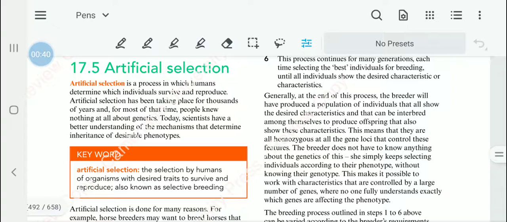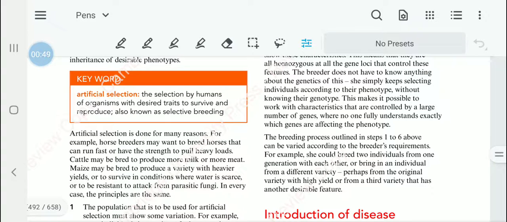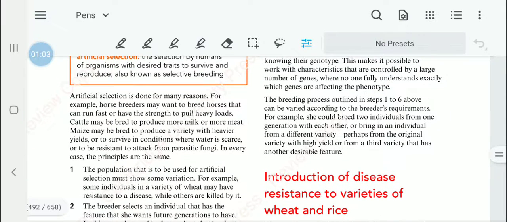This has been done for thousands of years without much knowledge about genetics, but still we have carried it out to get the different breeds of horses, dogs, cows and other animals, and also plants like different types of maize or rice.